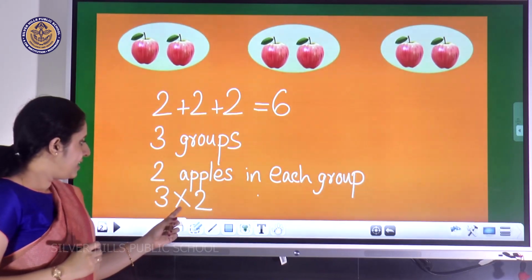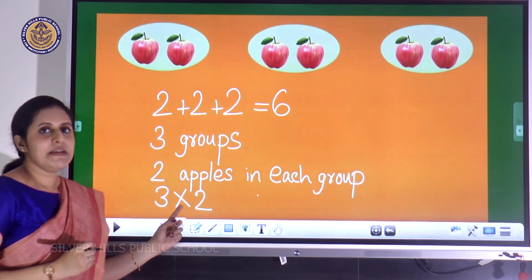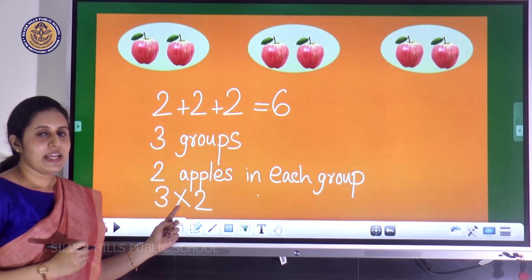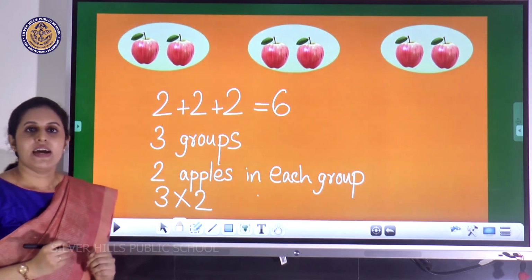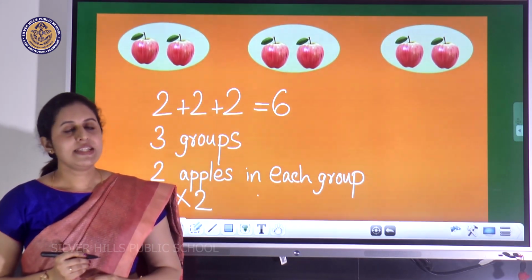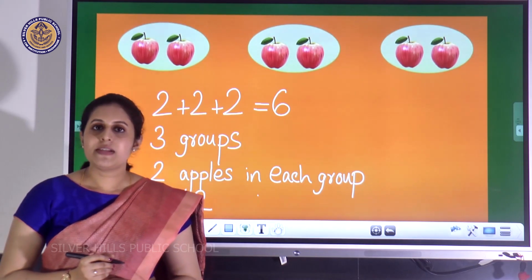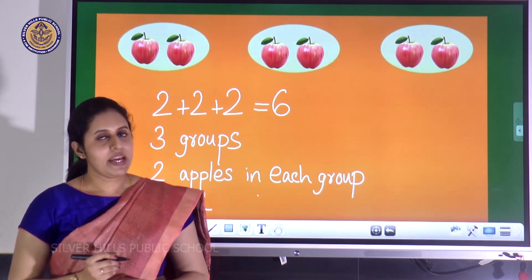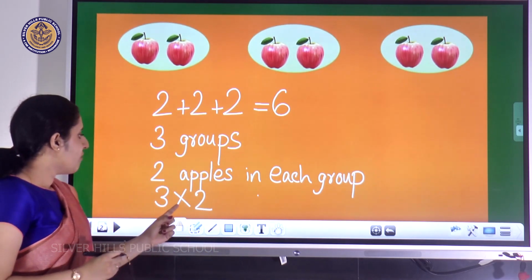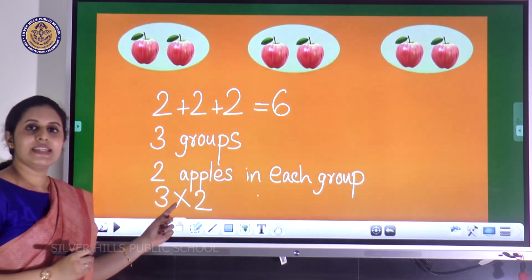See children, this symbol right here is the symbol for denoting multiplication. Remember, you had symbols for addition and subtraction. Which were those symbols? Yes, it was a plus and a minus. Right here we have a new symbol and this is read as times.